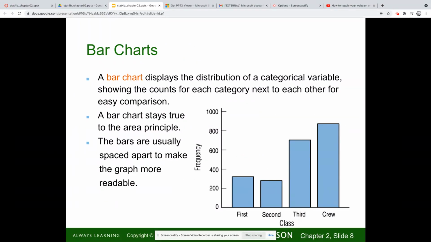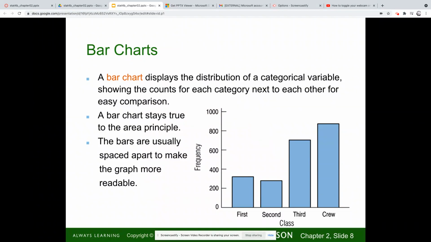Now, a bar chart displays the distribution of the categorical variable, showing the counts for each category next to each other for easy comparison. This is a lot easier to see the total numbers and the relativeness to each other. The bar chart stays true to the area principle.